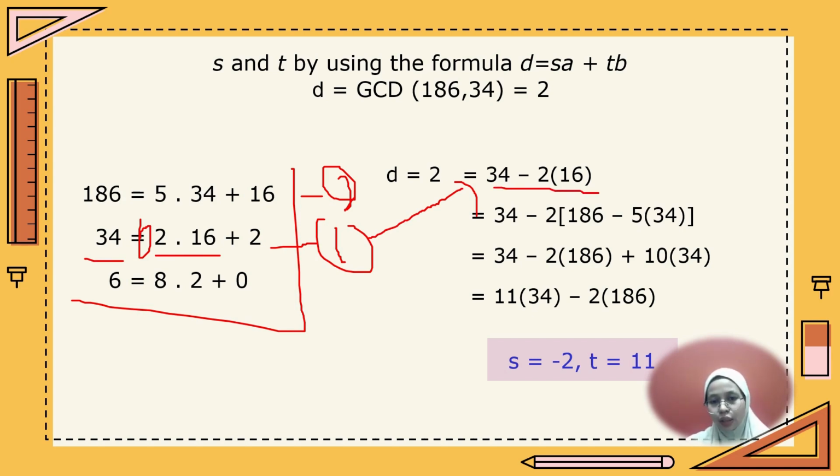After that, you change 16 to the earlier step, which is 186 minus 5 multiply 34.